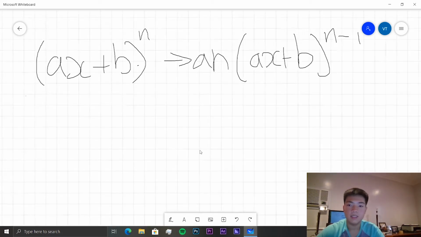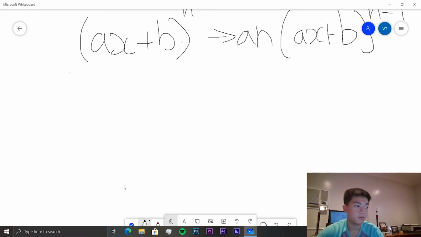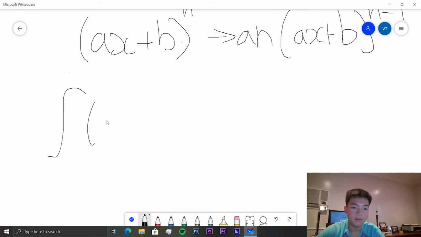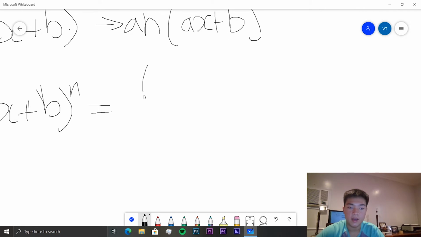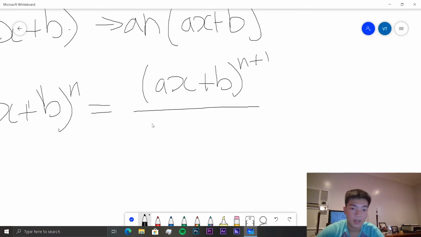So we can use this in reverse. We can say that the integral of (ax + b) to the n is equal to (ax + b) to the n plus 1 over a times (n + 1), plus c.